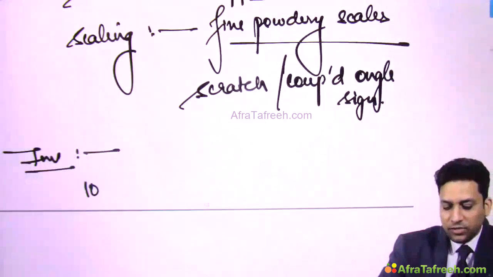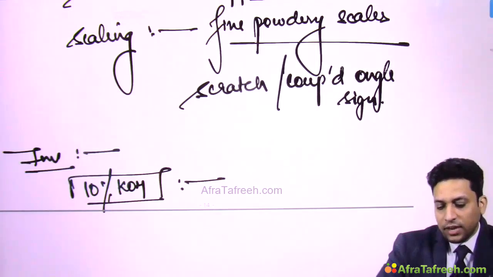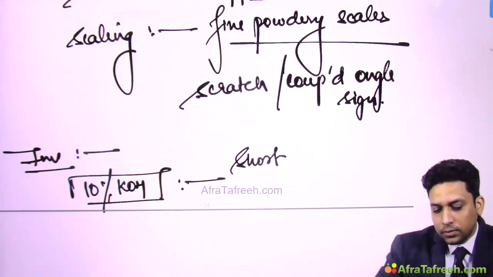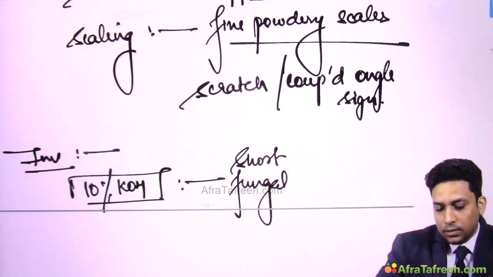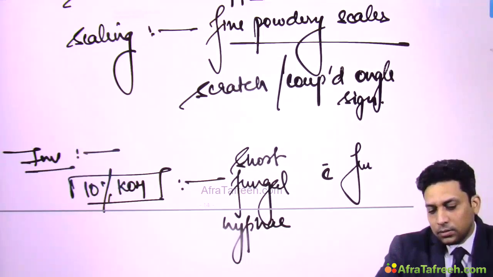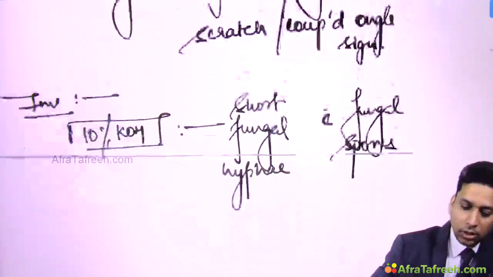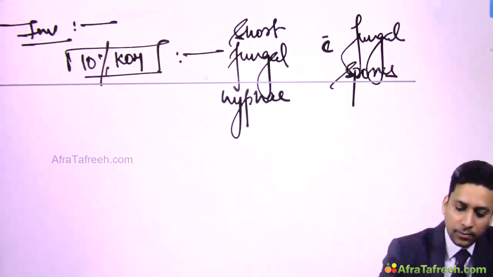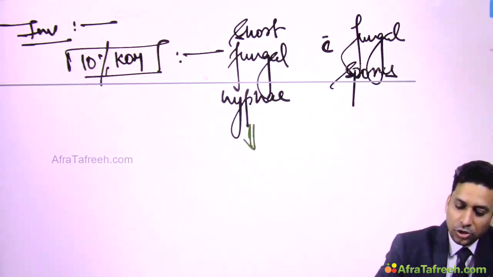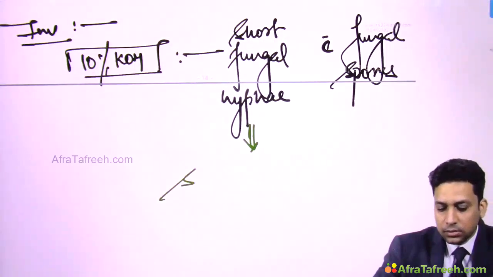Investigation, because this is fungal infection, you can simply do 10% KOH mount and you will find short fungal hyphae with fungal spores. Now these short fungal hyphae, they look like noodles.